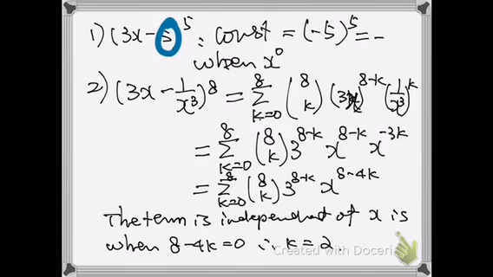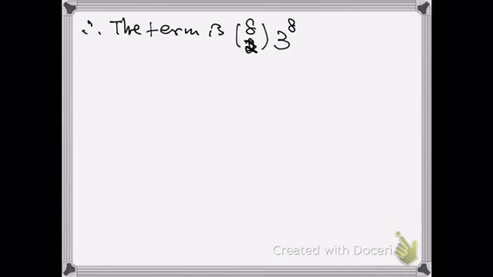So what's the term? Therefore, the term is 8C2 times 3^(8−2), k equals 2. That equals 8 factorial over 2 factorial and 6 factorial times 3 to the power of 6.